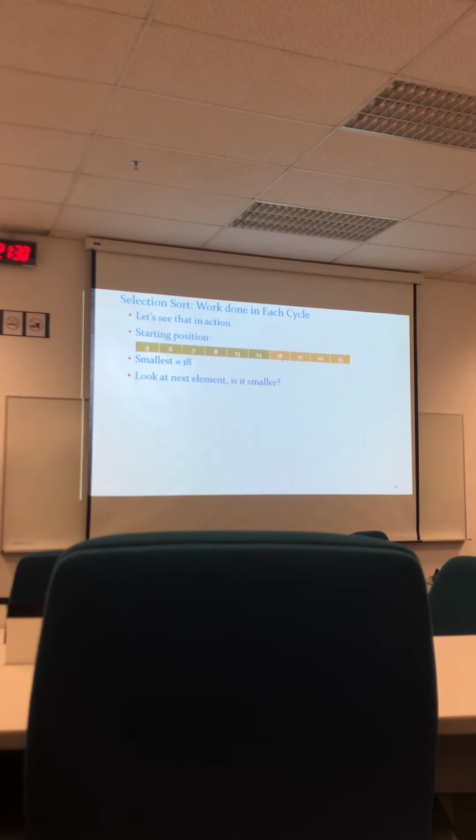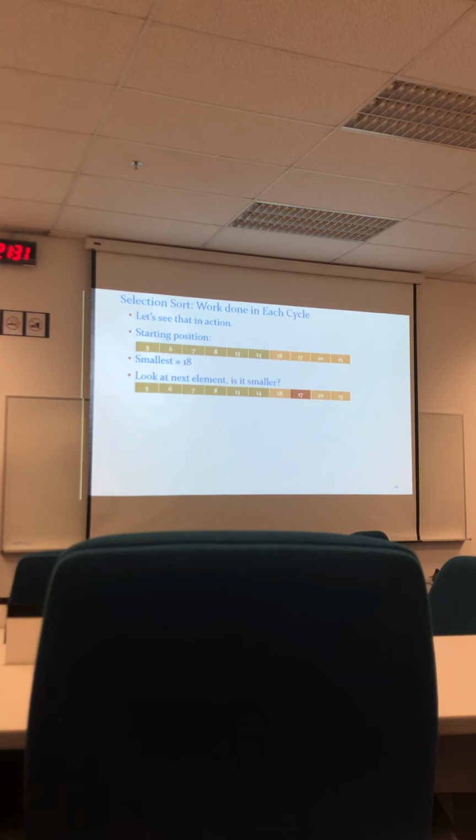To find the smallest one, initially you will set the smallest to 18, this one. You assume that the first one is the smallest. Then you will keep comparing the next one with 18. Compare 18 with 17. First, you assume that the first one is the smallest.